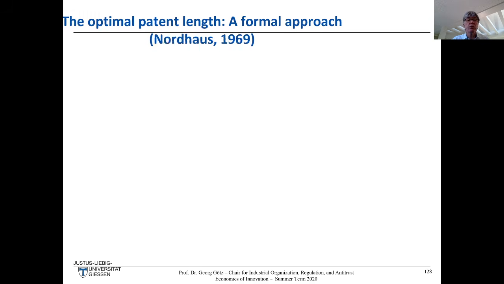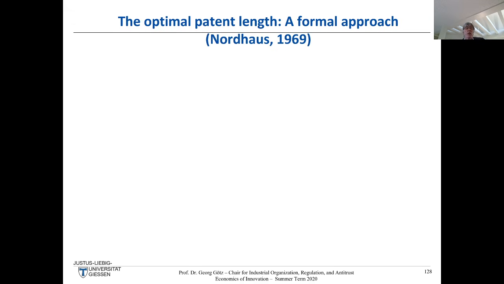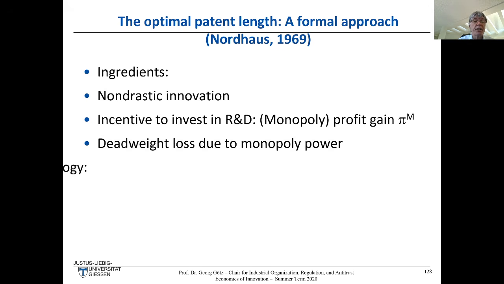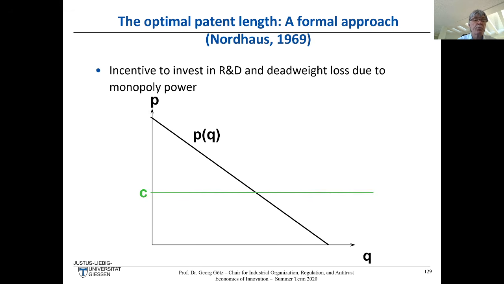What I cannot show you right now, because I'm running out of time, is the nice model by William Nordhaus, who received the Nobel Prize, I think in 2017 or 2016, for his work mainly on climate change and the greenhouse effect. But he had a very famous paper on the optimal patent length where he looked into the trade-off. And again, the trade-off, and I will jump back to that later, is simply what we have here.